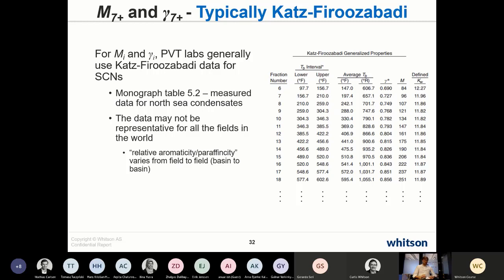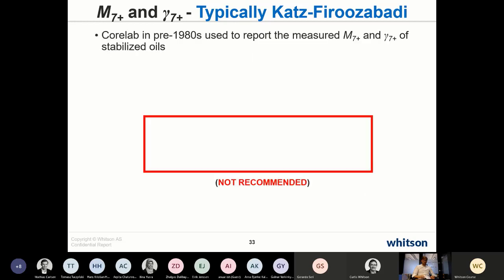They might not be representative for all the fields in the world because this specific gravity molecular weight relationship is a function of relative aromaticity and paraffinicity for a particular field or a basin. And especially the absolute heaviest molecular weight and specific gravity, the way that it's calculated, is sometimes very arbitrary and prone to a lot of error, and is also different from lab to lab.